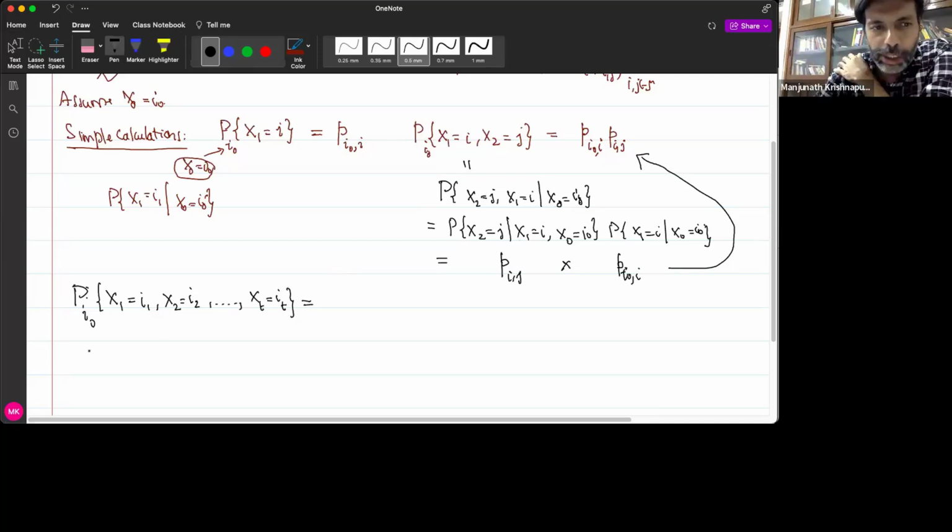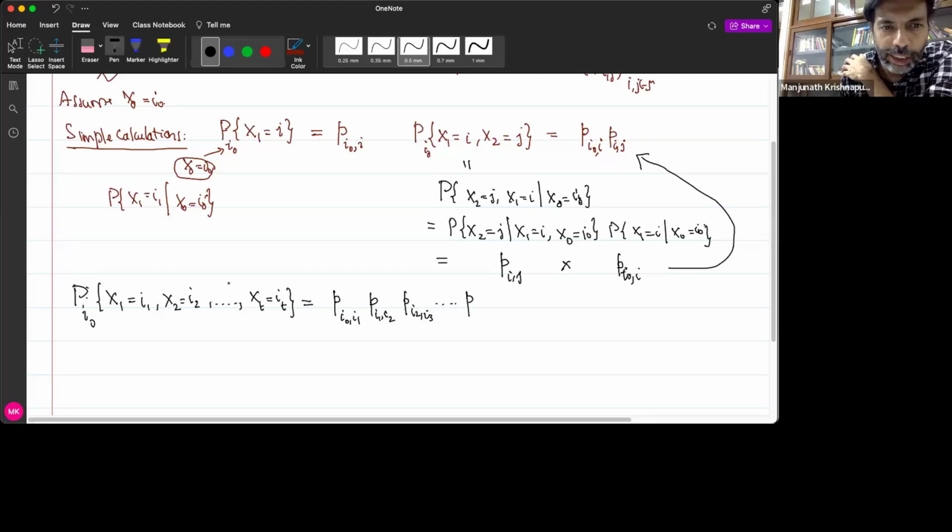It is intuitively very clear. From I0, you have to go to I1. That probability is P I0 comma I1. From I1, you have to go to I2, so that probability is P I1 comma I2. Then from I2 you have to go to I3, P I2 comma I3, and so on. What is the last step?